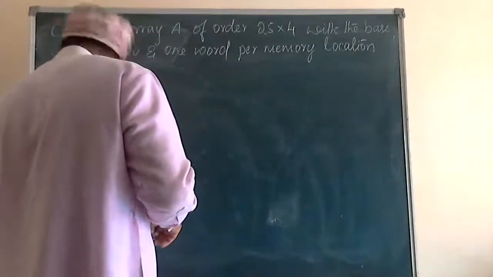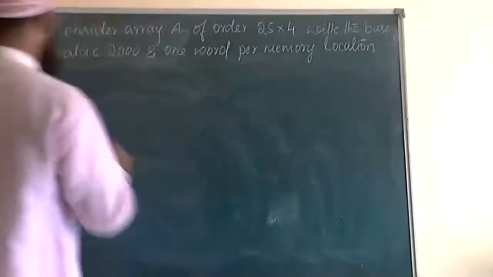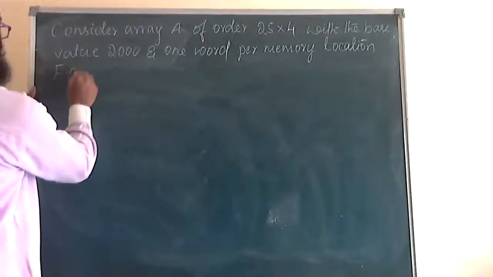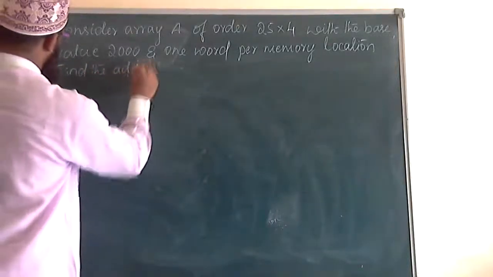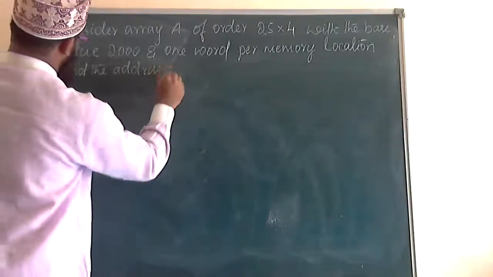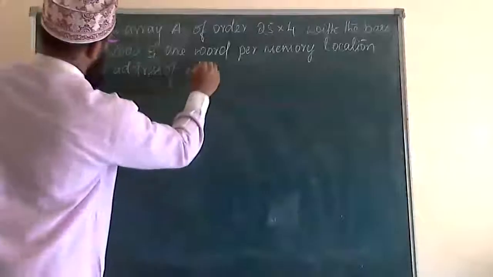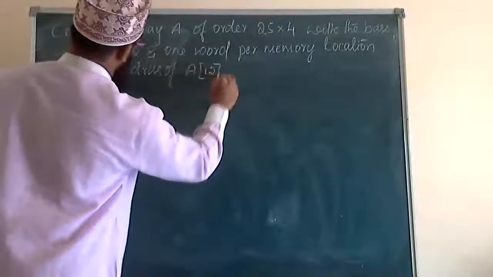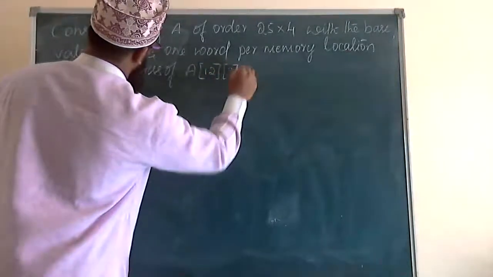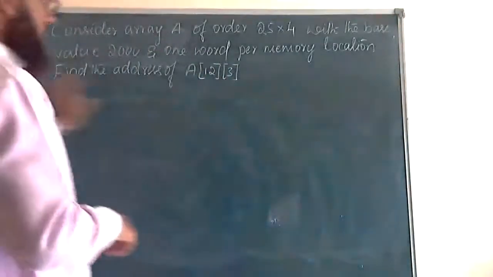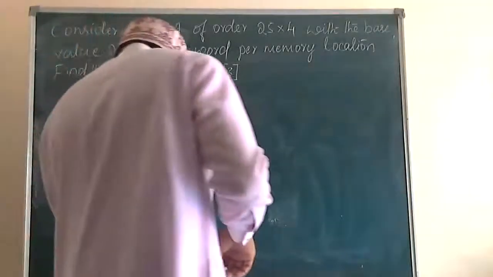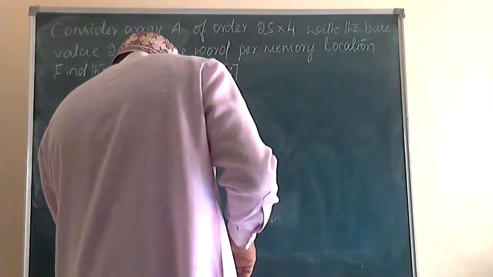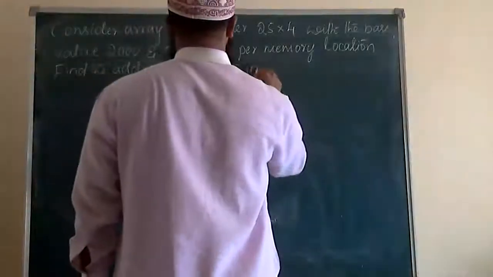Find the address of A of 12, 3. Okay, two indices, that is two subscripts, A of 12, 3, in row major order and column major order.